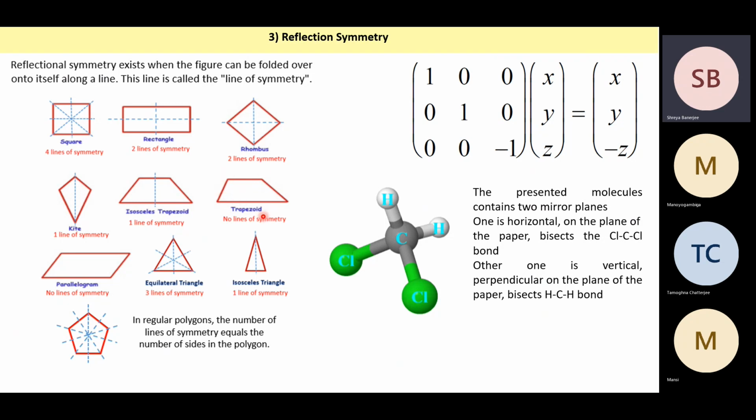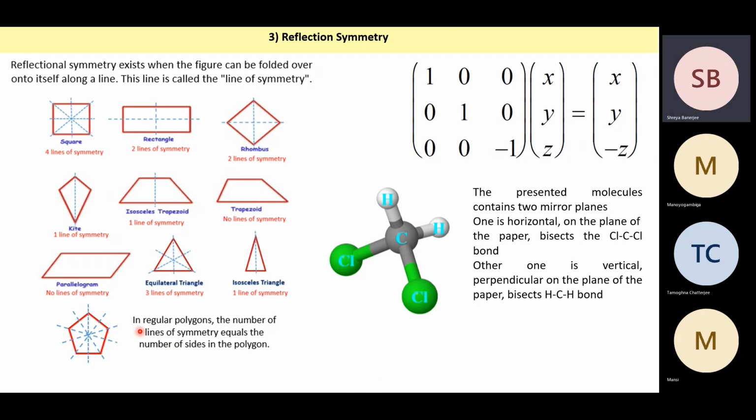Nowhere in this structure can you pass a line such that one side is a reflection of the other side. Now, when there is a reflection, you can see the X and Y coordinates remain the same, but the coordinate along the line around which you are reflecting becomes negative. So this matrix can be called the reflection symmetry operator matrix.